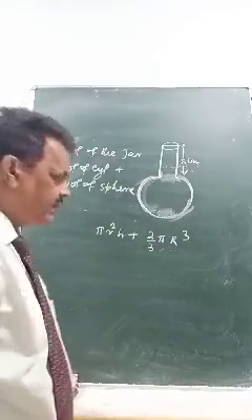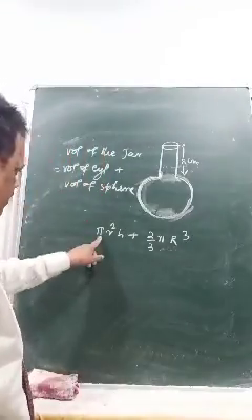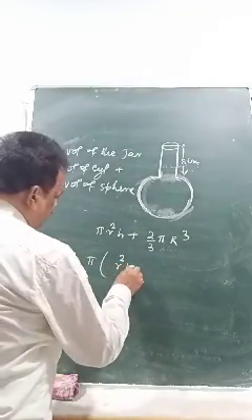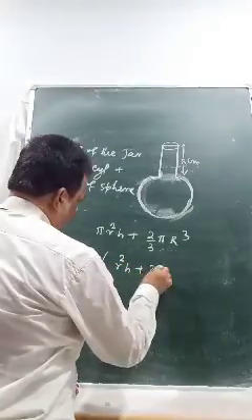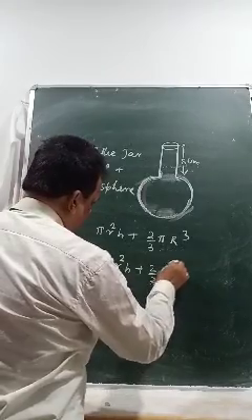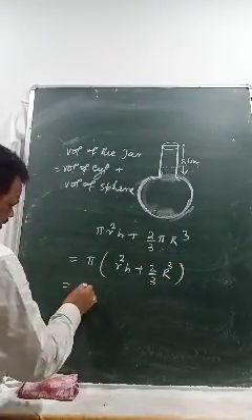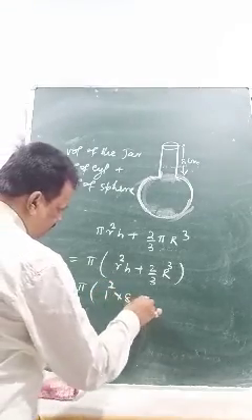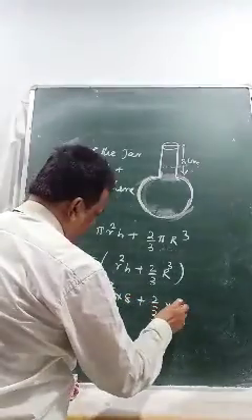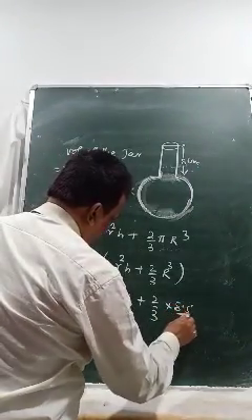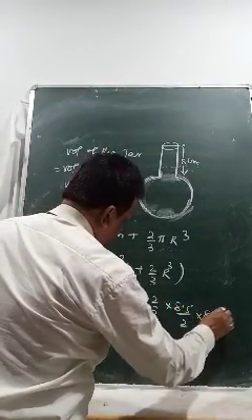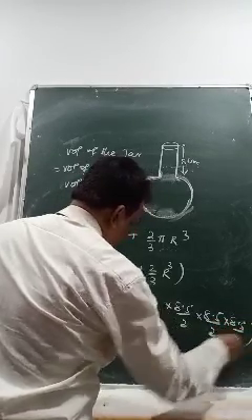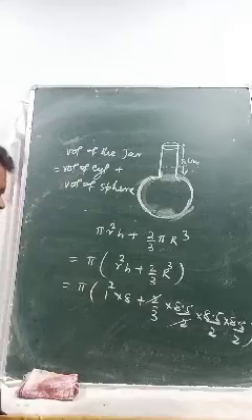This r is different. So take pi common: r square h, then 2 by 3 r cube. Here r is 1 square into 8, plus 2 by 3 into 8.5 by 2, 8.5 by 2, 8.5 by 2. So you can cancel here.